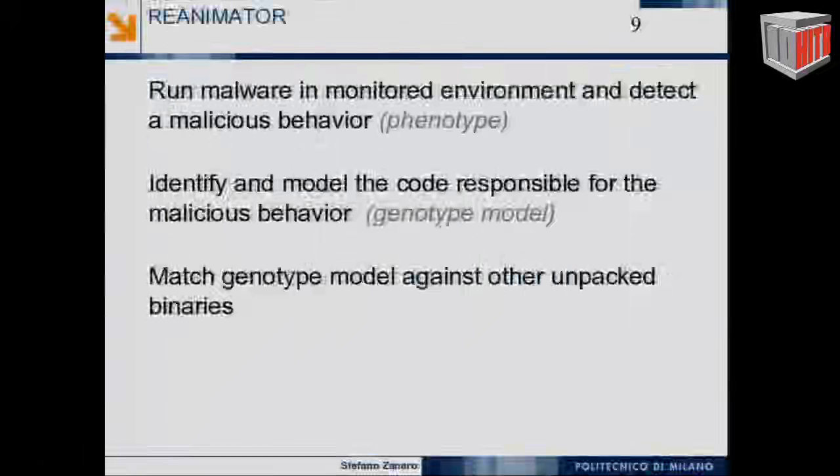It's not really a very good analogy, actually. After much reflection, I find that it has its limits. But then we match basically the genotype models, so the models in the code, against other malicious software that we have in our collection. And we can find malicious software that has not exhibited that same behavior, but has the same behavior implemented with similar, if not the same, code.